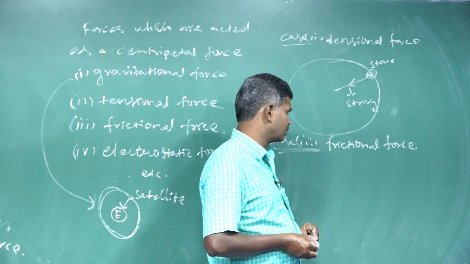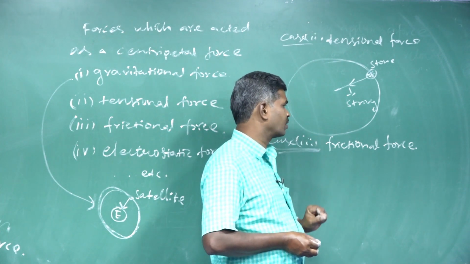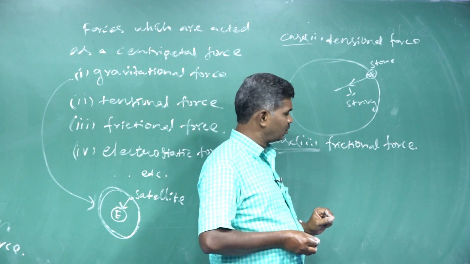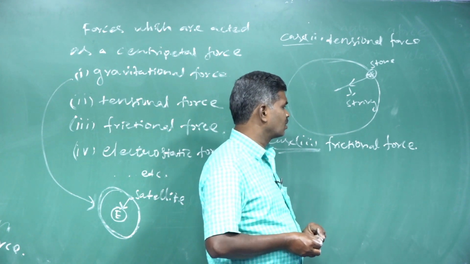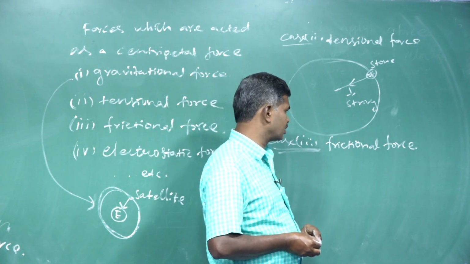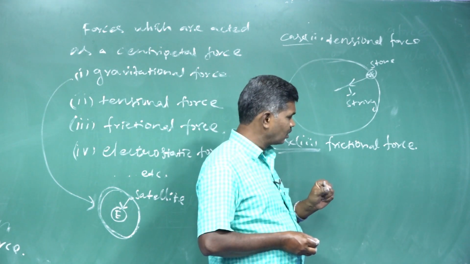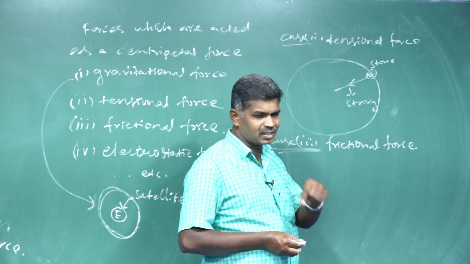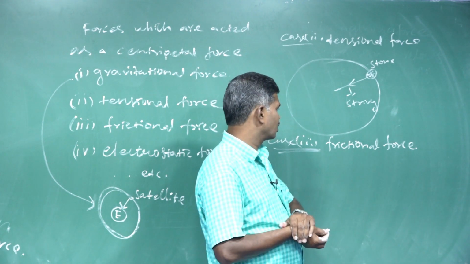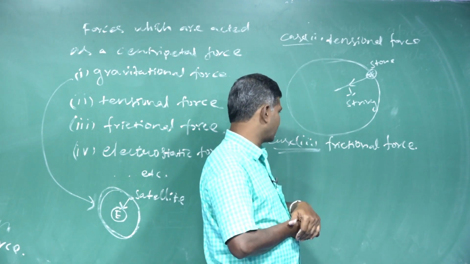That's why, when a car moves in a circular turning, frictional force acts between the tire and the road, which acts as a centripetal force. That is the third example.